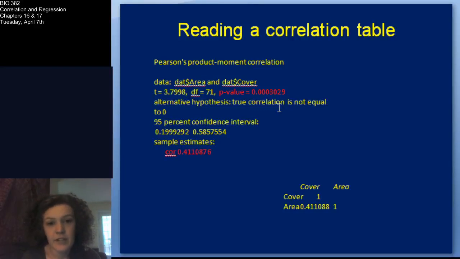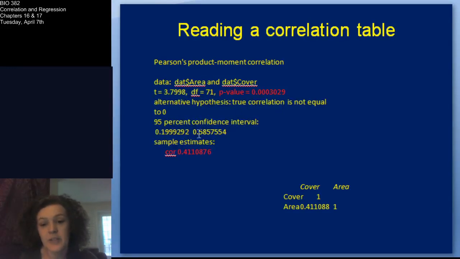So that's something to keep in mind. You can also sometimes have a pretty high R value and not have a significant correlation. Just because you have a high R value does not necessarily mean you're going to have a low p-value, and just because you have a low p-value doesn't mean that you're going to find a very strong, high correlation coefficient. I think I just said the same thing two ways. It's late. So that's how you read that.